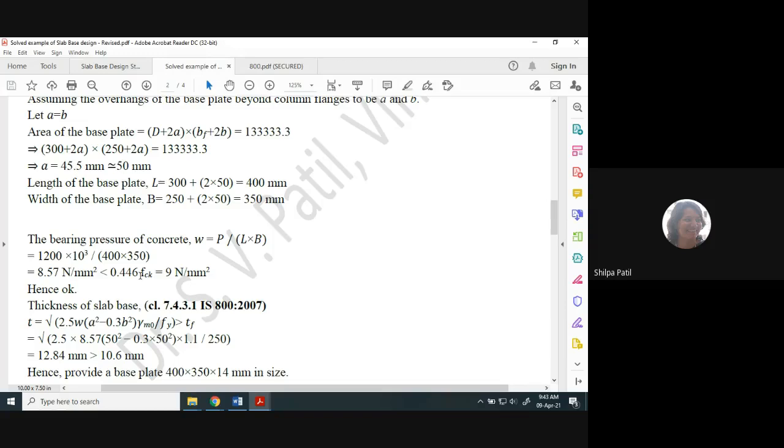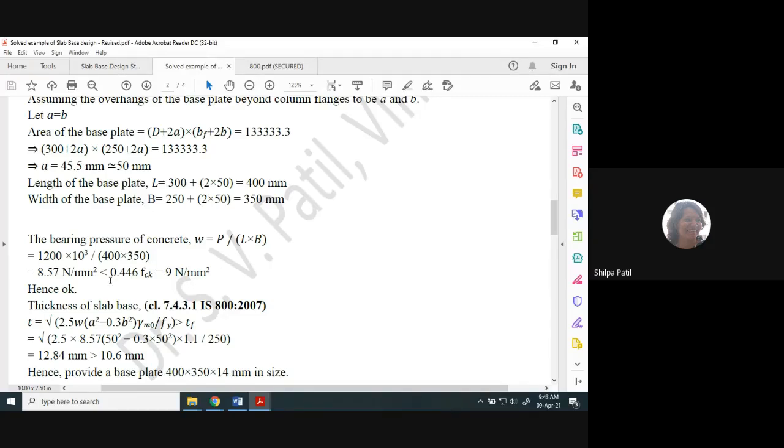Obviously, your concrete will start crushing, because it does not have the capacity to bear that much bearing pressure or compressive stress. If you don't provide this base plate below the column footing, this check will not get satisfied.